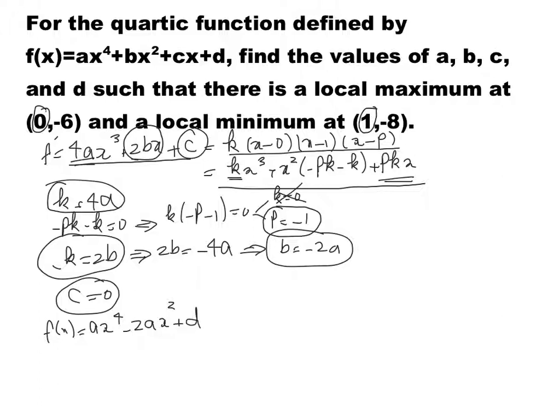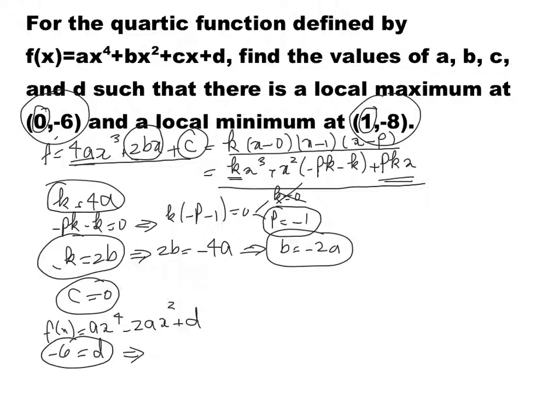So this is my equation so far. To find a and d, I'm going to use these 2 points. We know that when x is 0, f of x is negative 6. So negative 6 equals a times 0 is 0, minus 2a times 0 is 0, plus d. So d is negative 6.